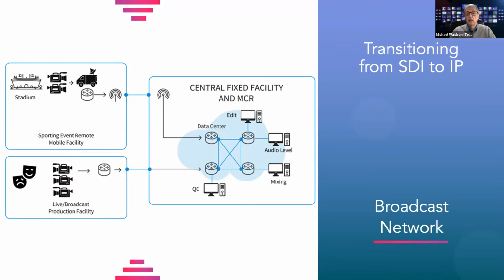And additionally, there might be the presence of metadata, such as closed captions or subtitles that are carried within the program. Now, these requirements for monitoring of the signal don't change from SDI to IP. Those remain the same, and we can monitor those without knowing whether it's SDI or IP.